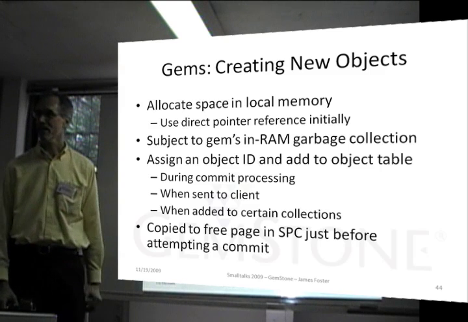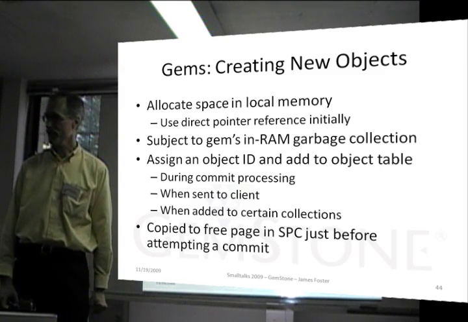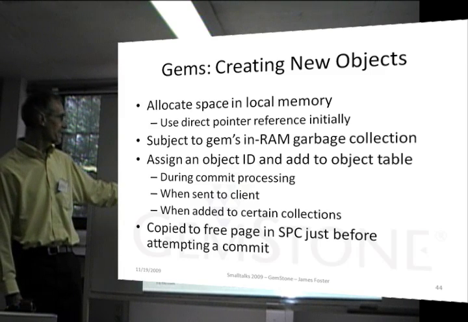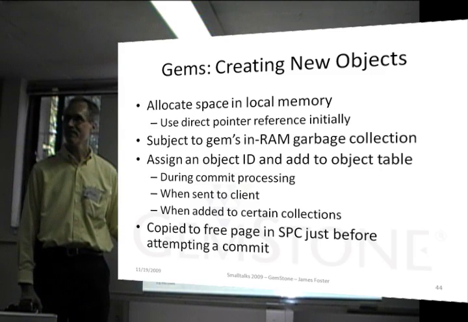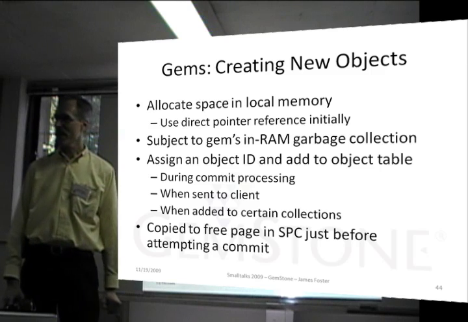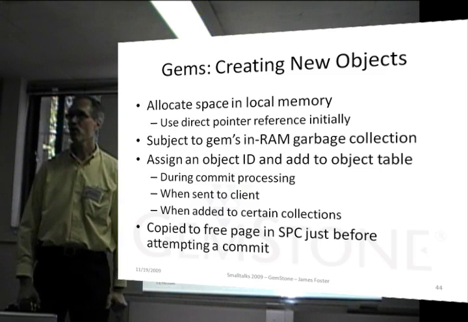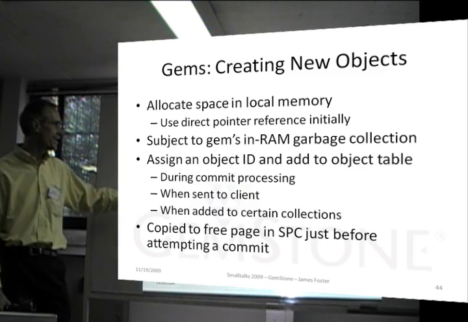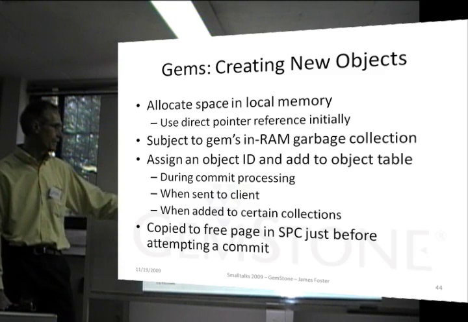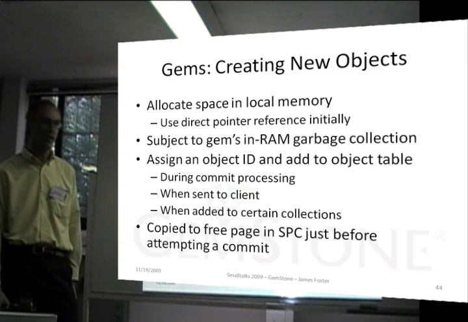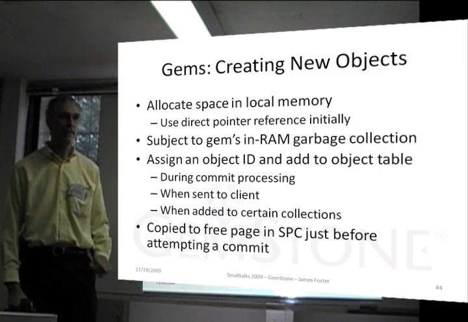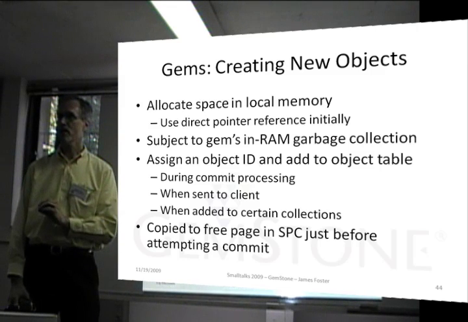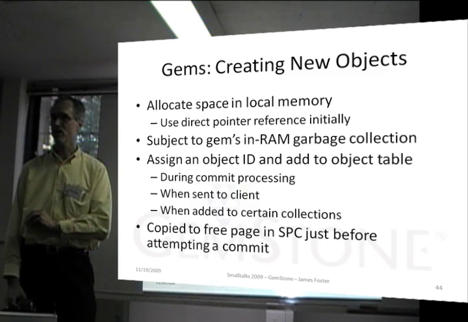At some point, if you're going to make this object persistent, and commit it to the database, we need to assign an object ID and add it to the object table. So the gem is responsible for doing some of this. Generally, it happens during the commit process. It can also happen if you're sending the object to a client Smalltalk.